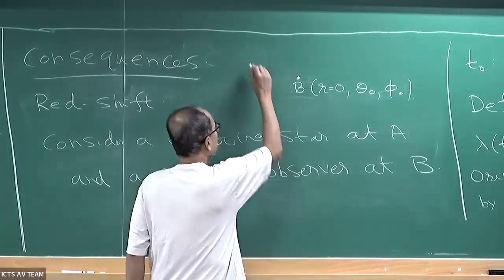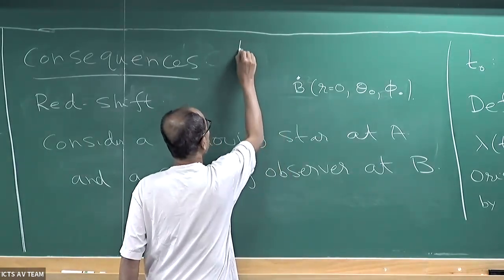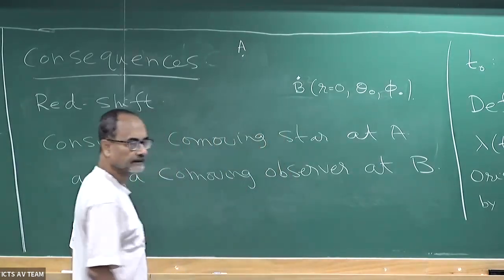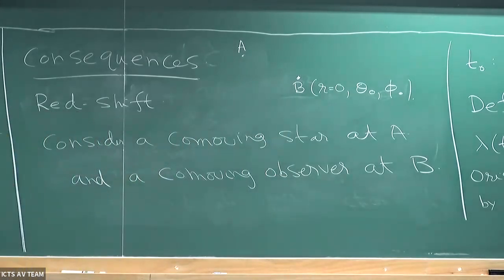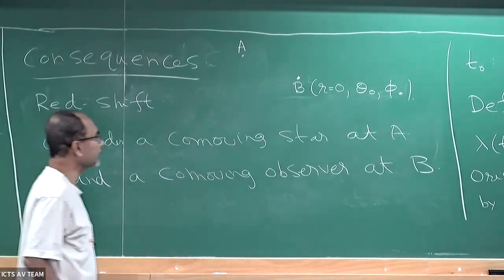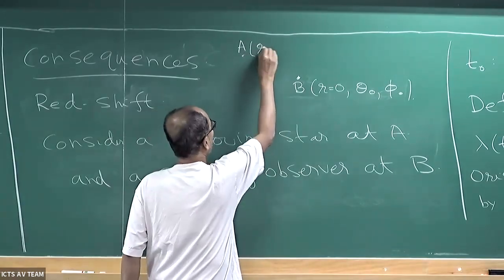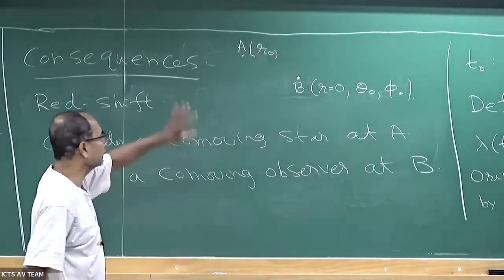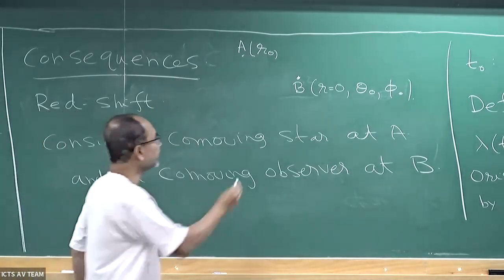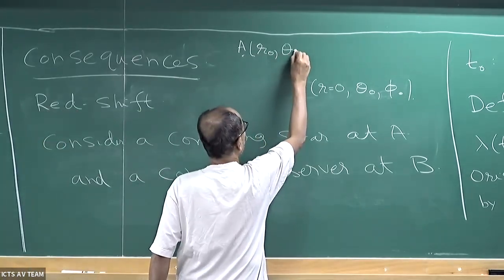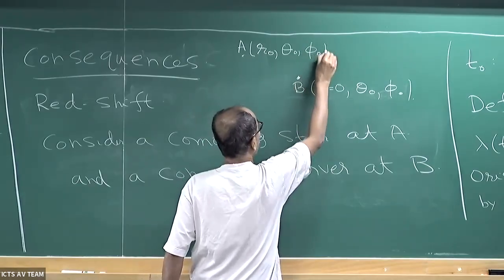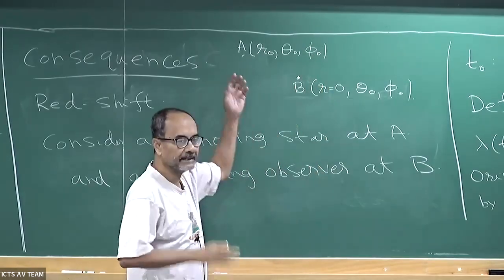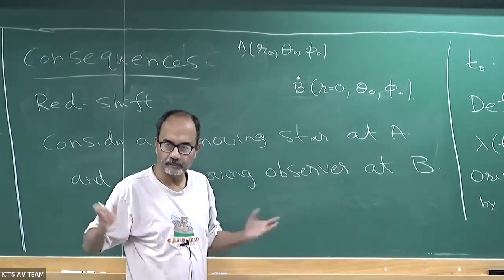Now for A, I can take r equal to r naught, and because of isotropy, I can choose this to be any direction I like. I took it to be theta naught, phi naught, because if you look from B, whether A is in this direction or that direction should not make a difference.